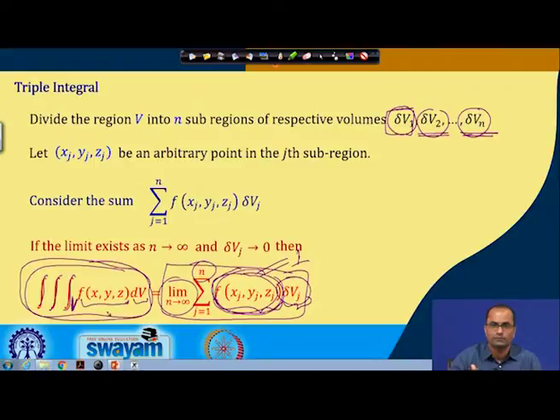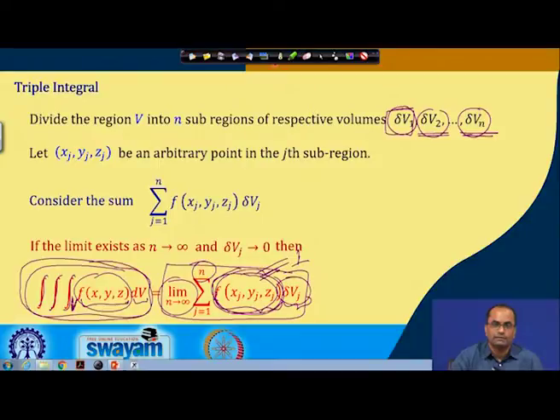That was one of the applications of the double integral, but in that case we considered a function f in the integrand, a surface, which gave us the volume. Now, when we set f to 1, we actually get the volume of the domain of integration, which is denoted by V in this case.